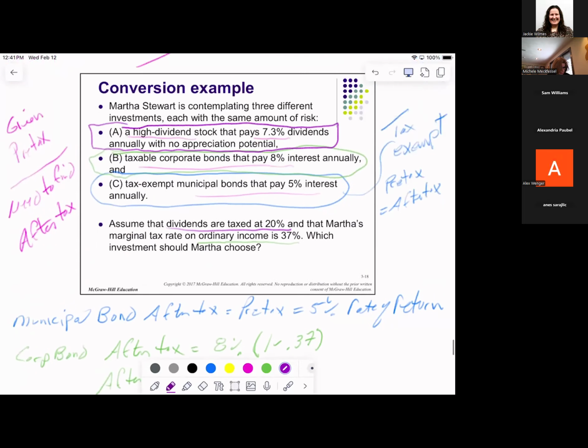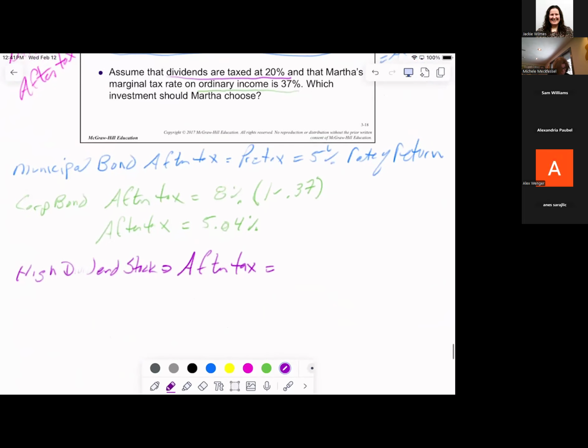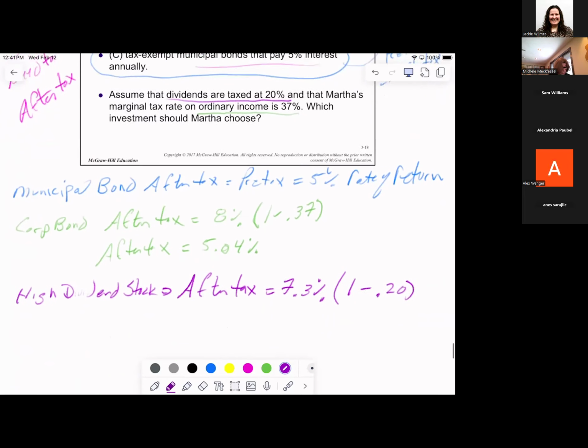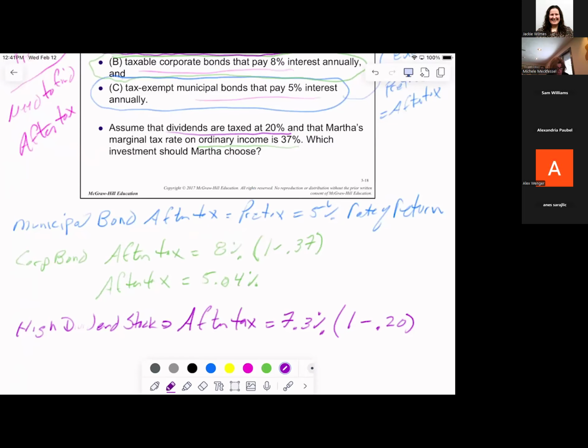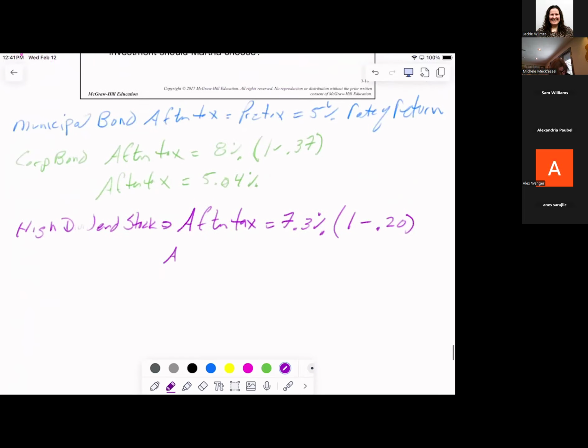We're told that the pre-tax rate of return is 7.3%, and then 1 minus our tax rate. In this situation, dividends are taxed at 20%. And so our after-tax rate of return is 7.3% times 80%, and that's 5.84%.